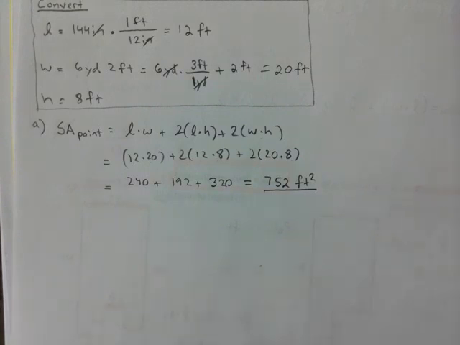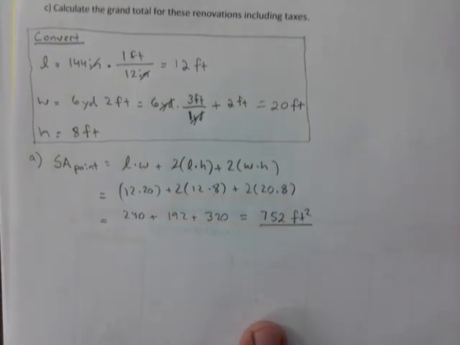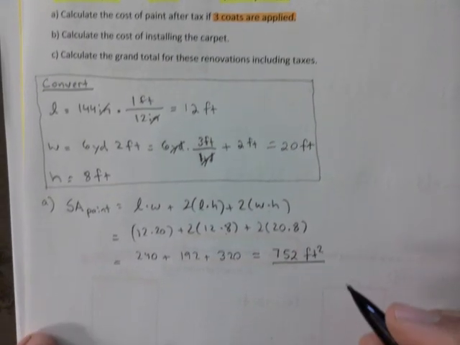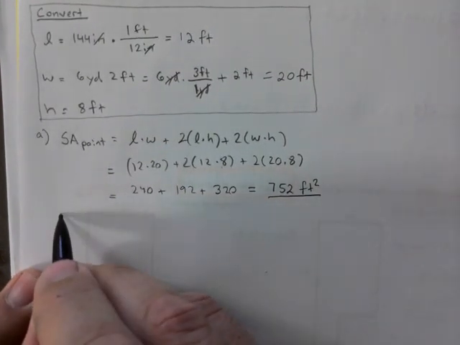What else is important before I move on? What else is the question telling me that I need to account for? Let's go back, it's highlighted. If you look at A, so this is the room, right? And I'm applying paint 3 times, 3 coats, right? So watch what I'm going to say here.